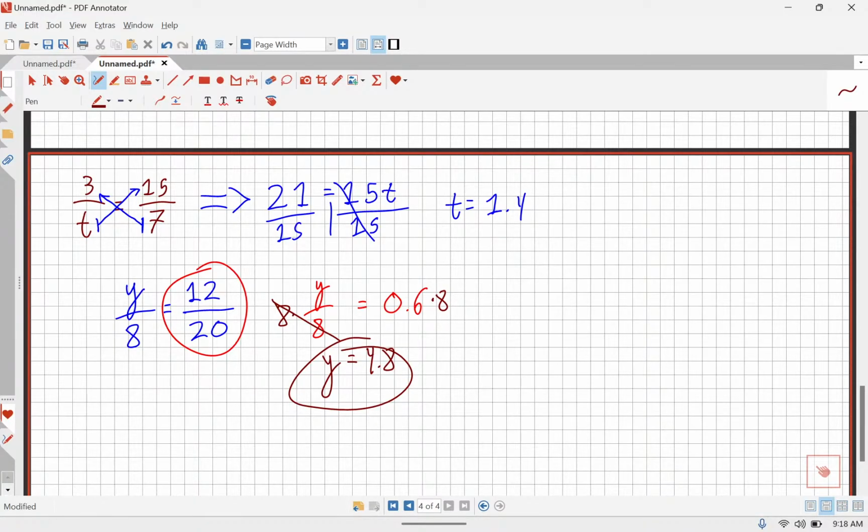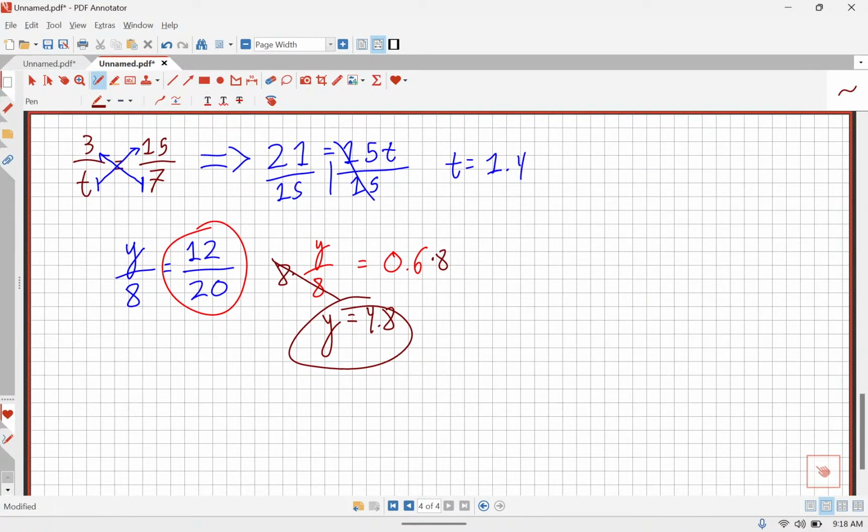Hey, did somebody do that a different way? What'd you do, Mira? Let's see what that looks like. y over 8 equals 12 over 20. Talk me through it. And that would be my new right-hand side.